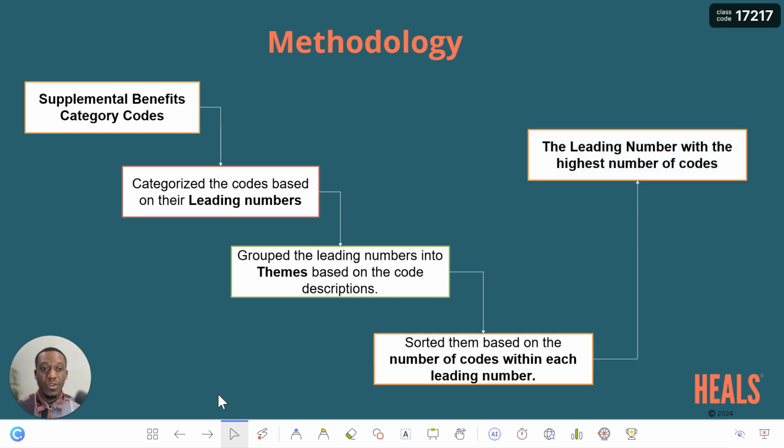Last week, we took the highest one and discussed the various themes seen through the code descriptions. Today, we are looking at the second highest number of supplemental benefits codes based on the leading number.